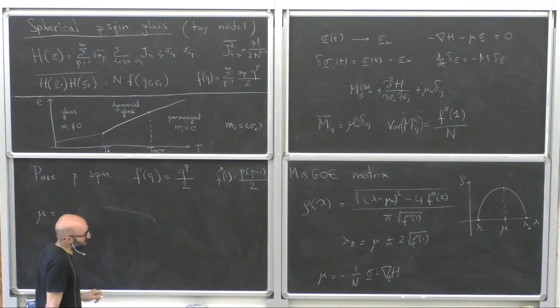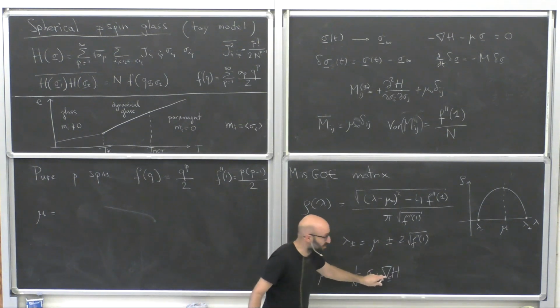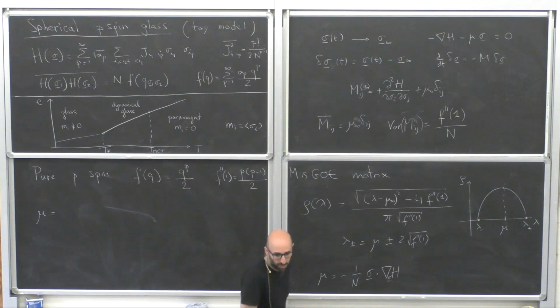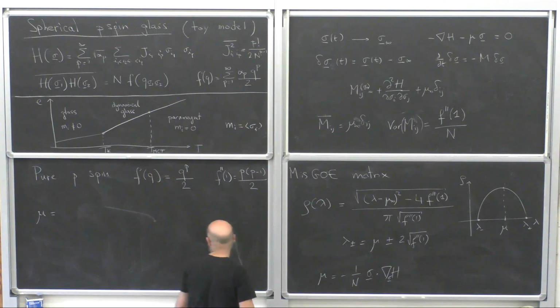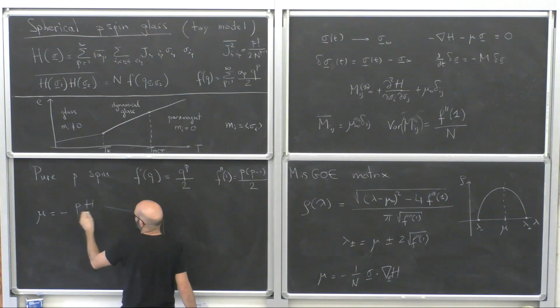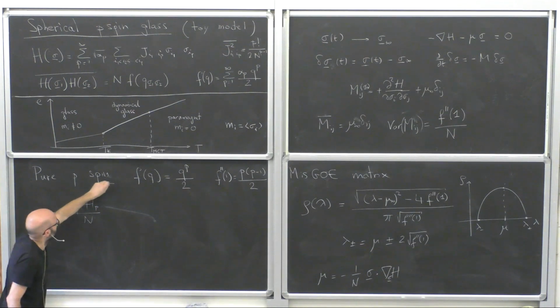Now, if I compute this thing, mu, what do I get? Well, you can work it out. When you take the gradient, you remove a sigma, but then you put it back. So what you get is that mu is given by minus p times the Hamiltonian divided by n. Okay, so this is true for the pure p-spin.